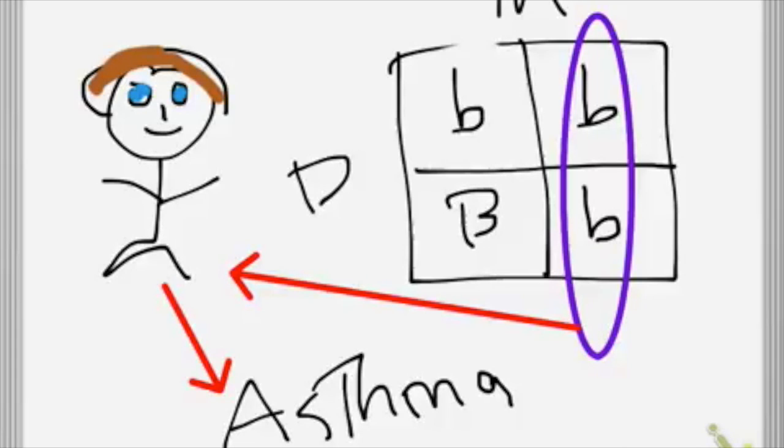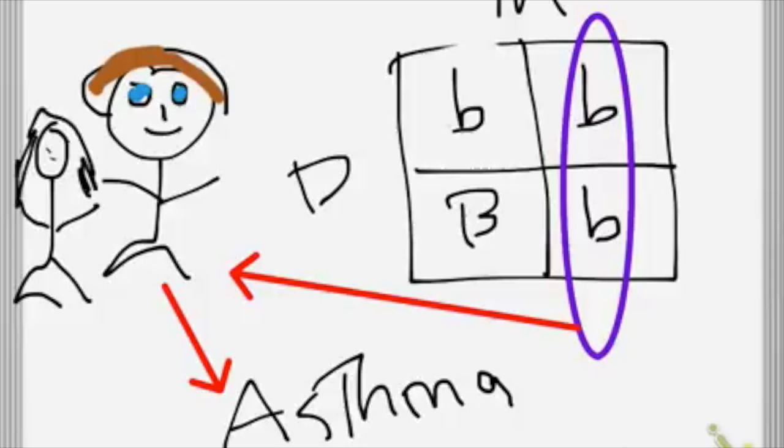So when this child ends up meeting a young lady, and she has some sort of hair and eyes and a mouth and nose and all those traits, and they have a baby, eventually that baby could get asthma, and that would be another trait that the parents didn't have.